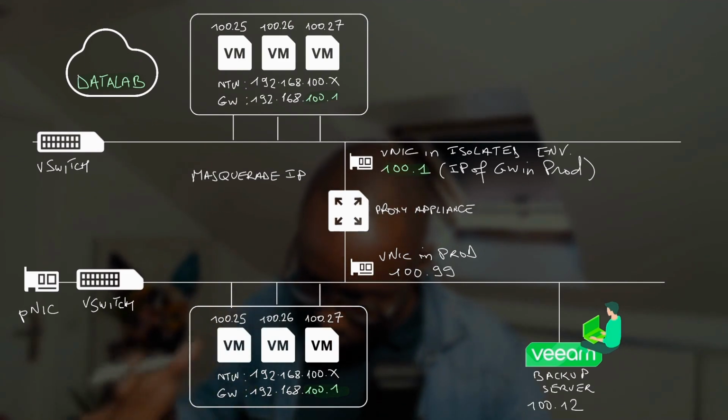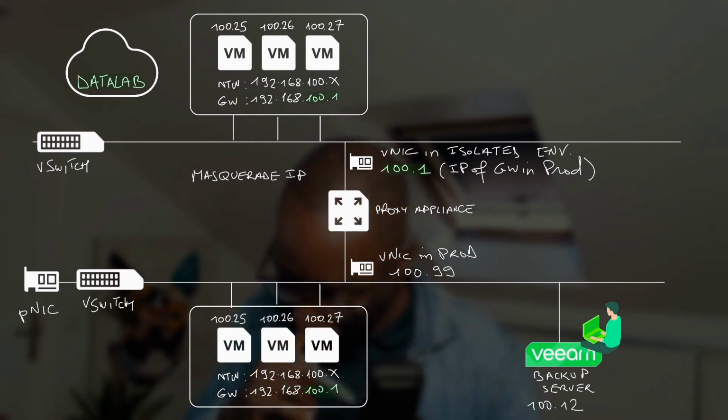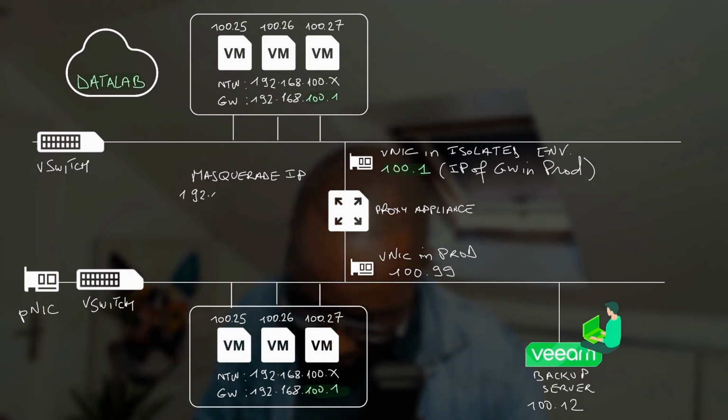Do not use an existing subnet in the production network. So arbitrarily, I chose the subnet 200. So let's say that the IP masquerade is everything that is 104.20.126.8.